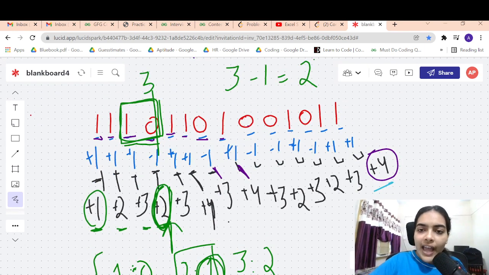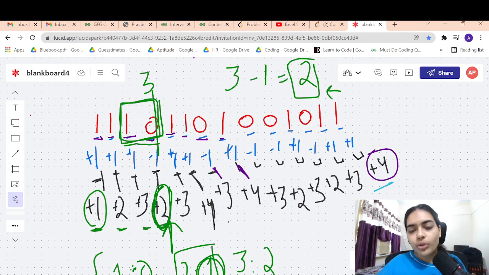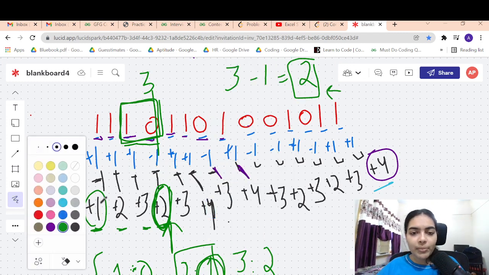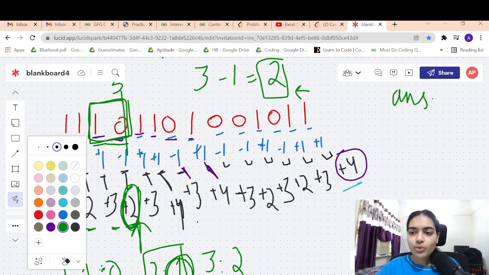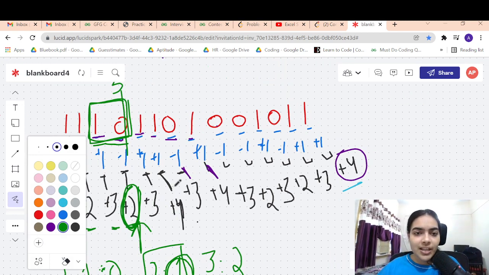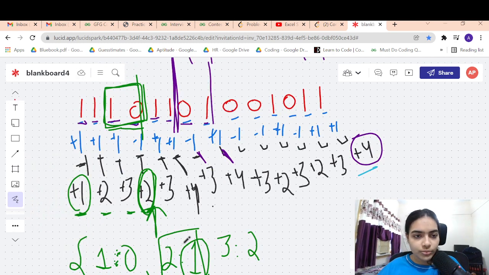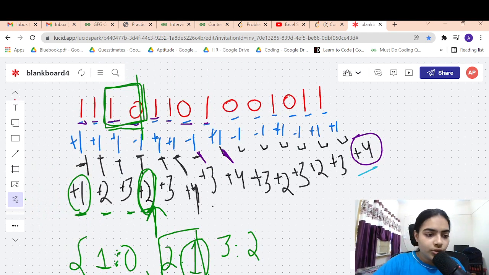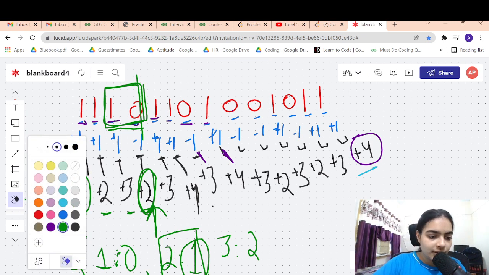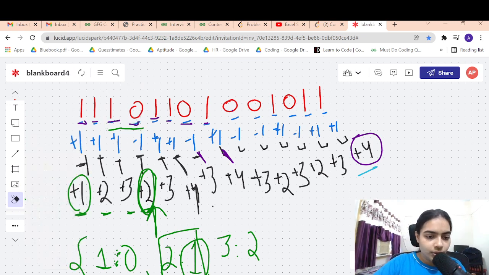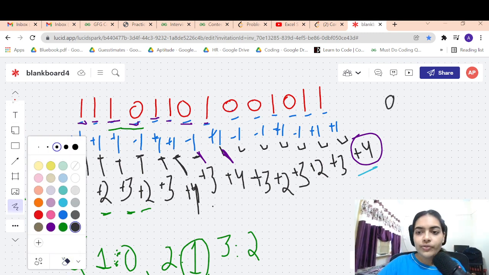I have a subarray of length 2 which is going to give me an equal number of zeros and ones. So my answer is 2 as of now, a best case subarray of length 2. Let me store 2 in the answer and go forward to the next iteration.